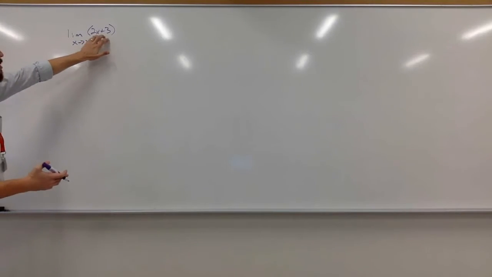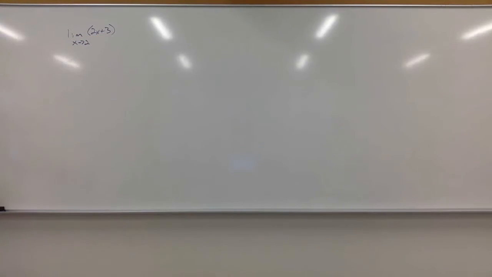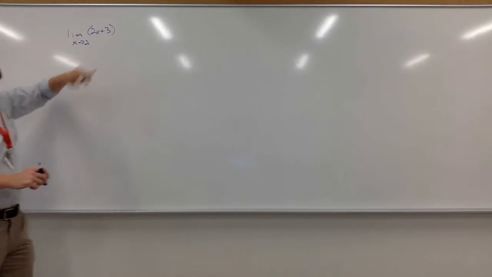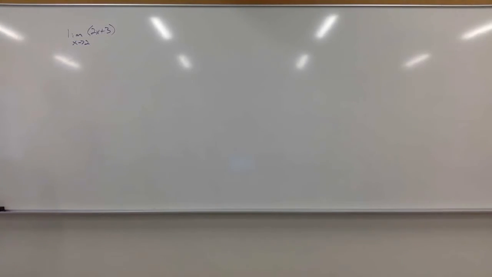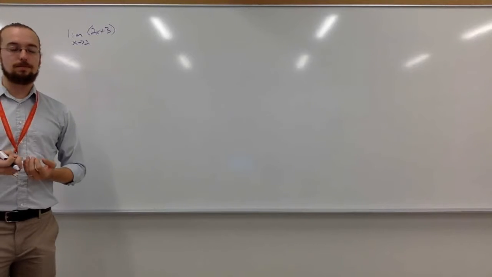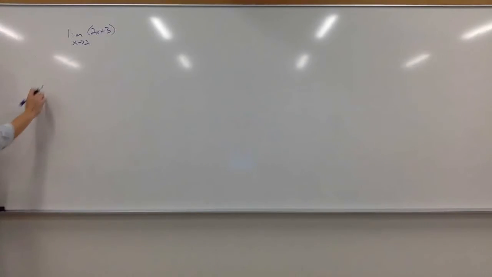Now if we just think about this function, we know that that's just a line. Are there any domain restrictions on that? No, right? It's just a line. Domain is all real numbers. So I know that no matter what x value I choose to approach, the function is going to be equal to the limit. This is just a continuous function.